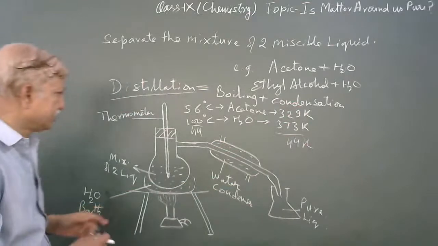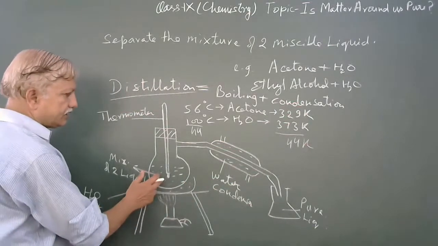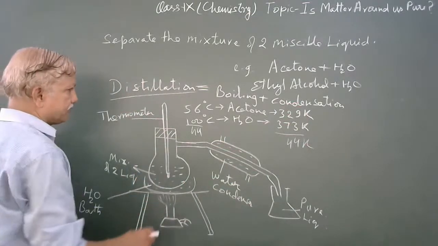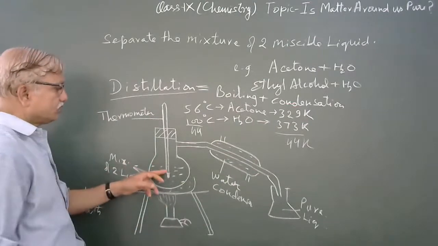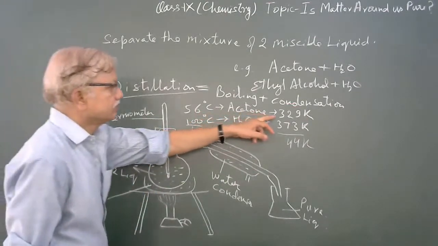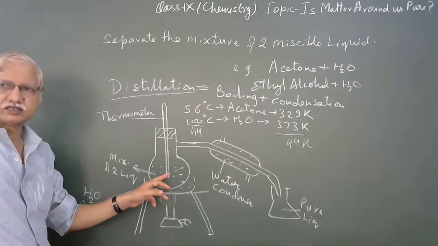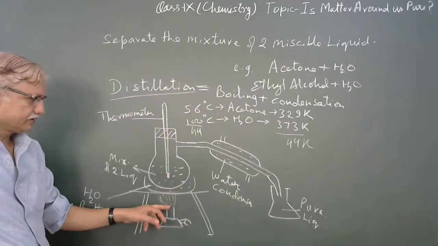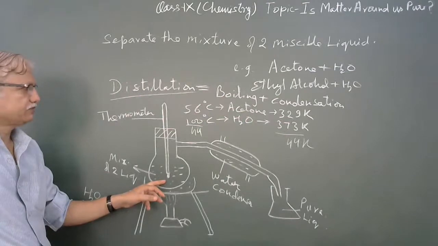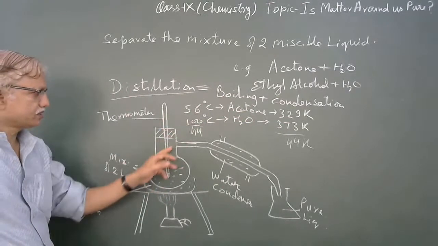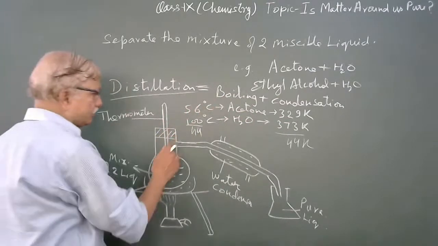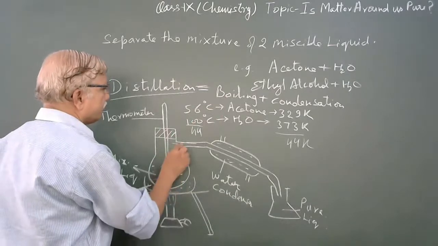The same process: we heat the liquid, so we put in the thermometer. We maintain the temperature at 56 degrees Celsius with the thermometer and heat it accordingly. At this temperature, acetone will convert into vapors.